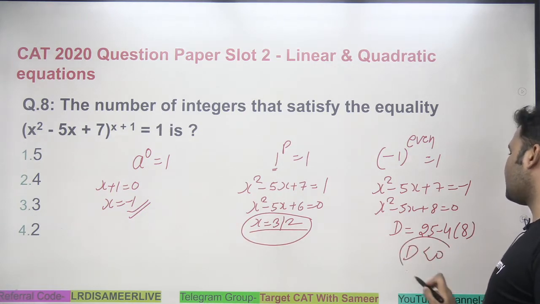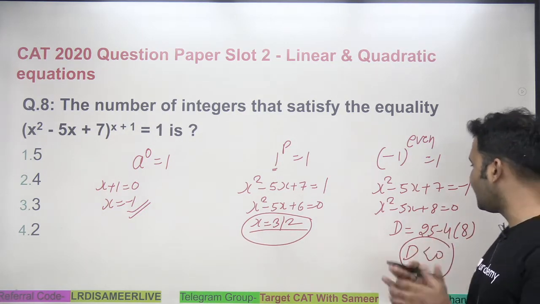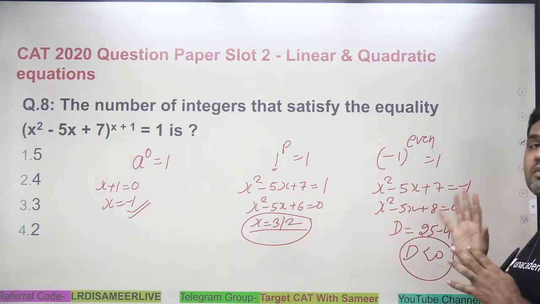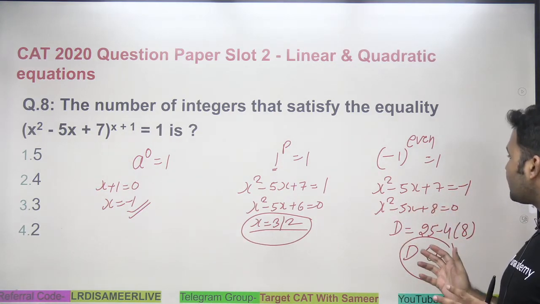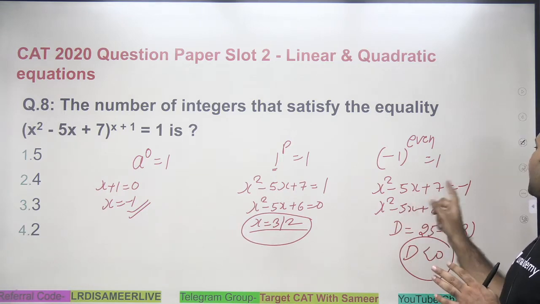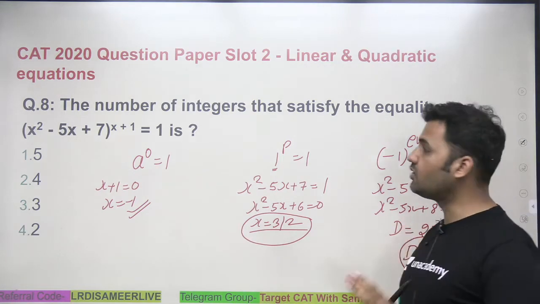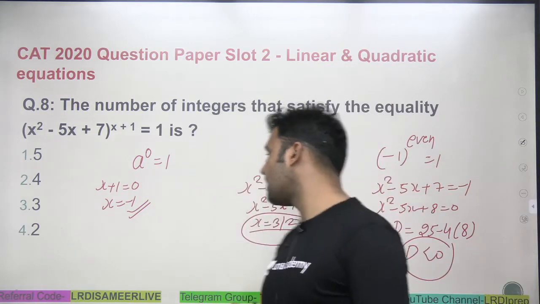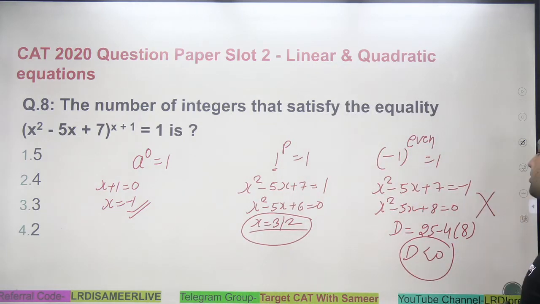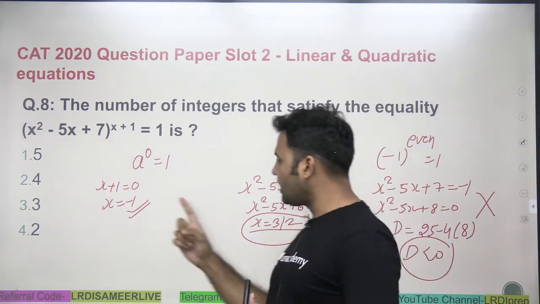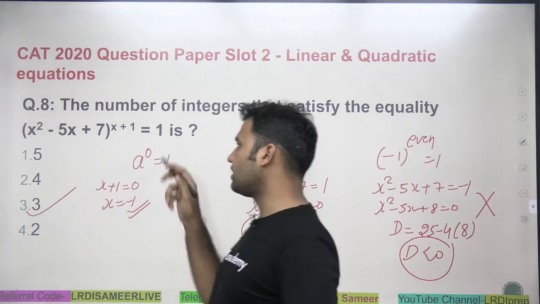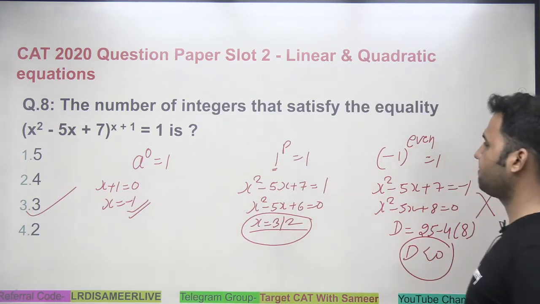If the discriminant is less than 0, that means there is no real value of x at which this expression can become equal to 0, or you can say there is no real value of x at which this becomes equal to -1. So I'll not get any solution from this part. So 2 solutions from here and 1 solution from the first case. The answer is 3 solutions. Is it clear?